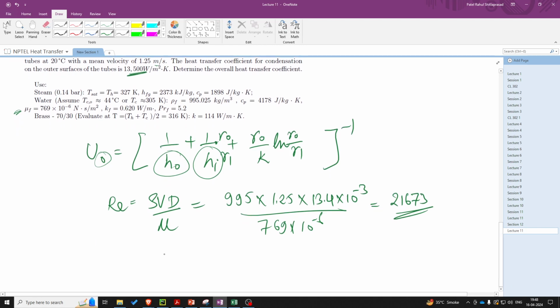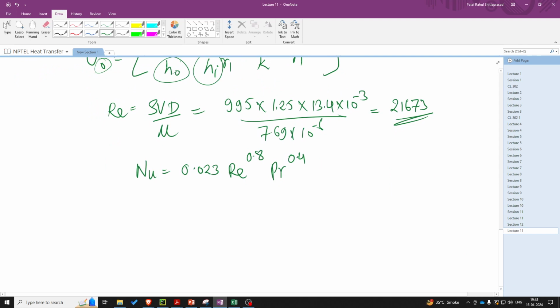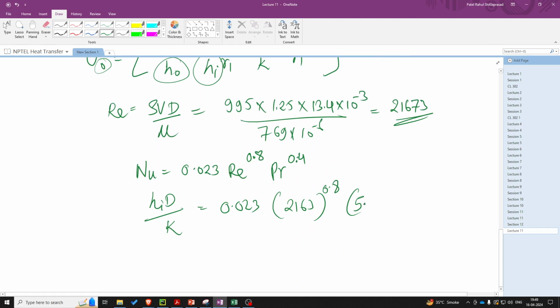in order to find the tube side heat transfer coefficient. Nusselt number will be given as 0.023 Reynolds number to the power 0.8 into Prandtl number to the power 0.4. Nusselt number is nothing but Hi times diameter upon K, so 0.023 into 21673 to the power 0.8 into Prandtl number, which is 5.2, to the power 0.4.